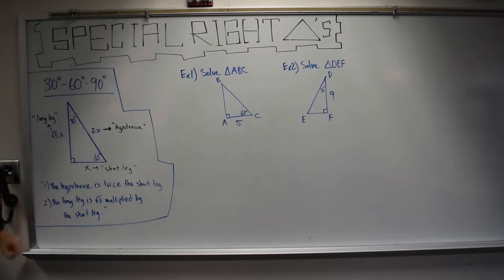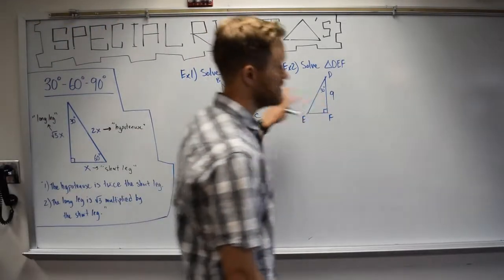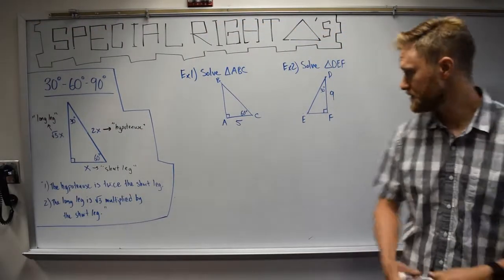And then the second thing is that the long leg is root 3 multiplied by the short leg. So if we take the short leg and multiply that by the square root of 3, we get the long leg length of the triangle. Now that we have this covered, let's see how that works in these two examples.